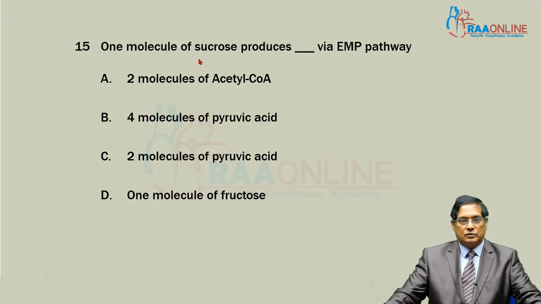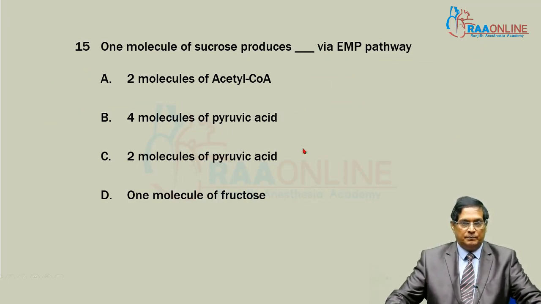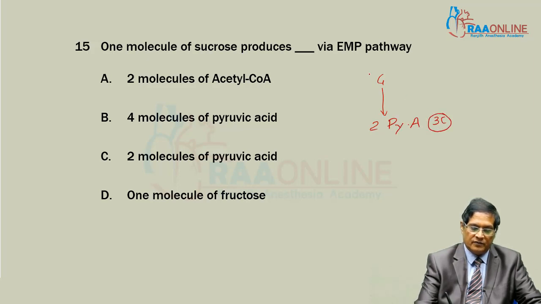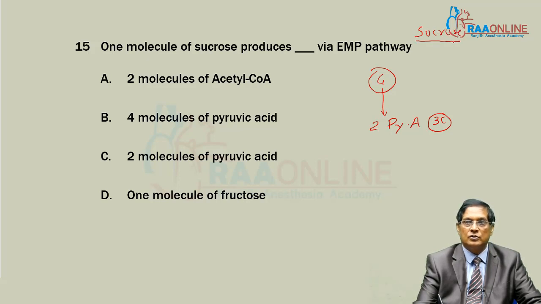Now, one molecule of sucrose and the pathway is EMP. Actually glucose splits into 2 pyruvic acid. 2 pyruvic acid, a 3C compound, from one glucose. So if we take sucrose, sucrose is C12H22O11.